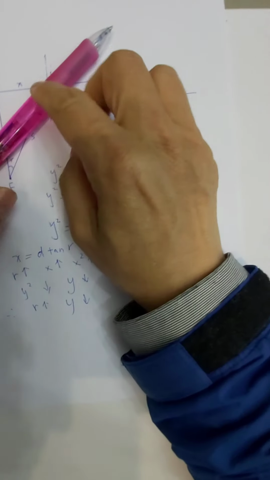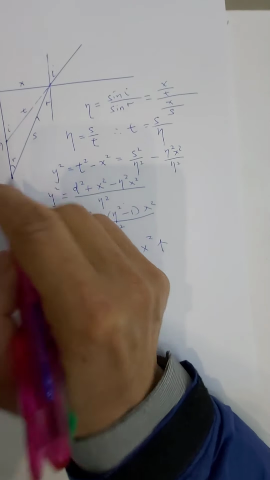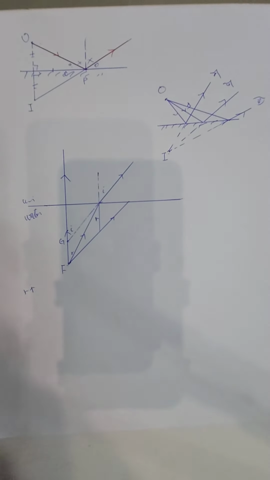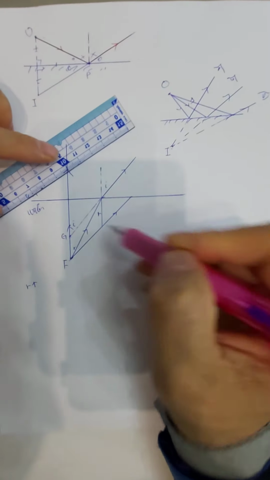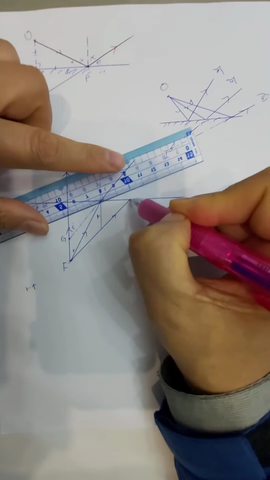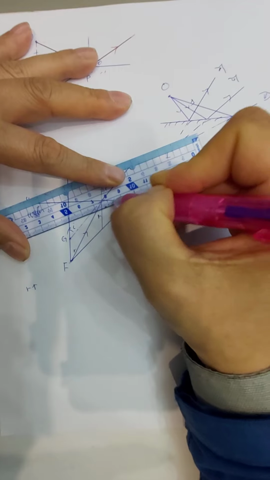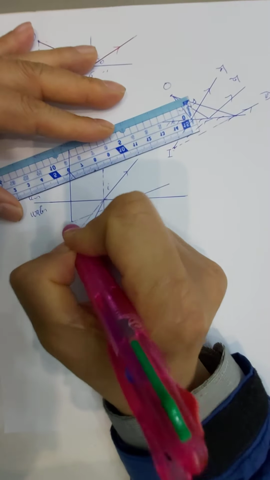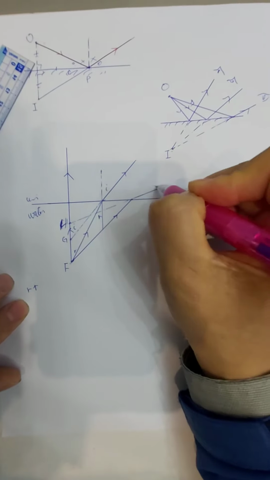What does that mean? If we increase r, the refracted ray will cut the vertical through F at a higher point. Okay. Now, having that we can draw this diagram. If we increase r, the refracted ray will cut the vertical at a higher point, say G, not G, say H, high point H, right?